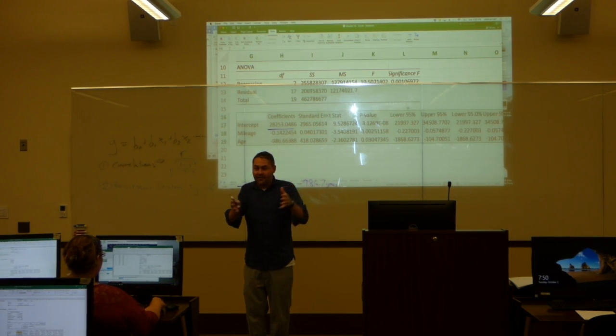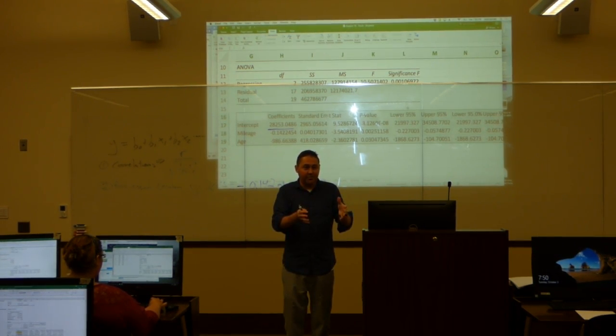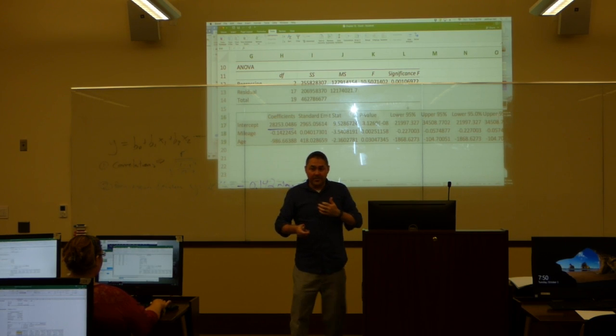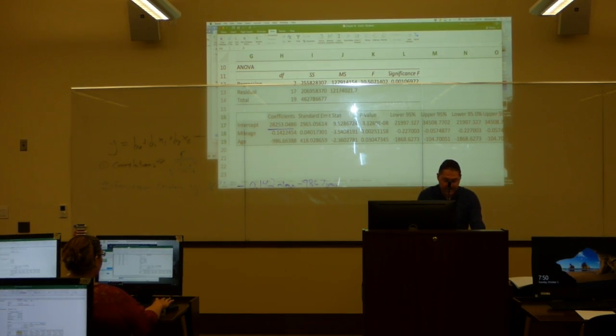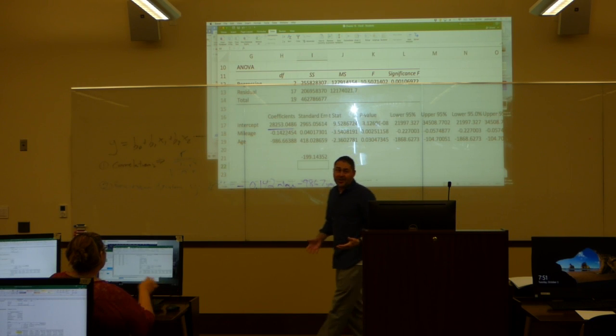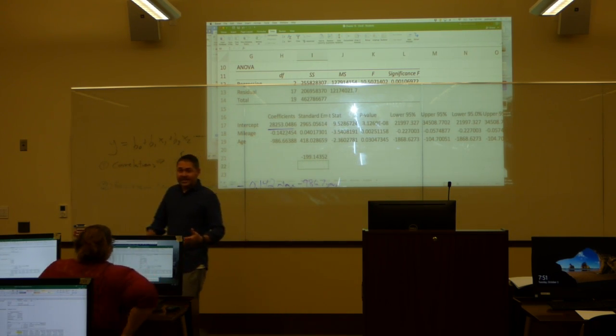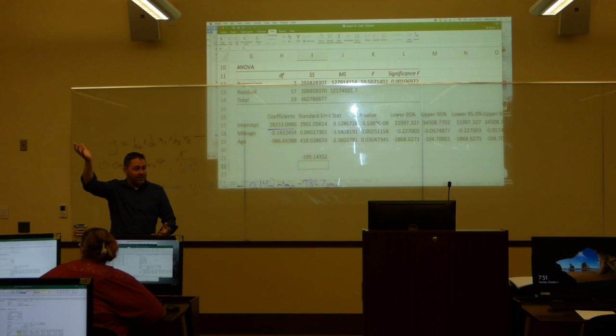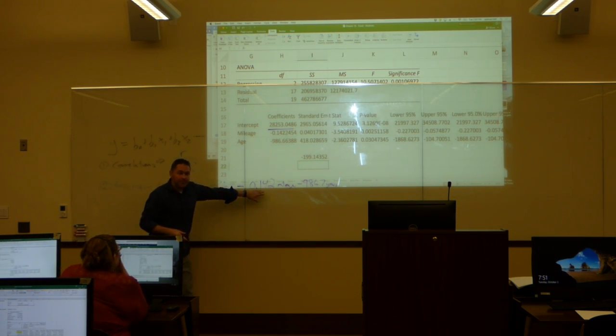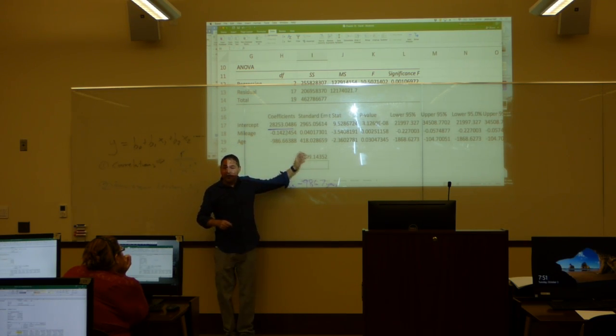If I drive 1,400 miles, what happens to the value of my car? The value of my car goes down by $200, because that's the marginal. If I increase mileage by 1,400, times the marginal impact of each mile, you guys follow me? The value of my car is going to go down by $200.